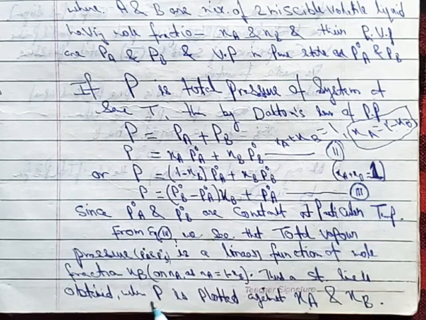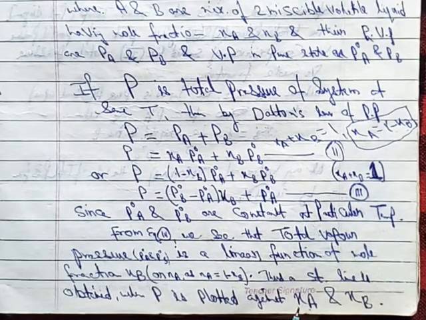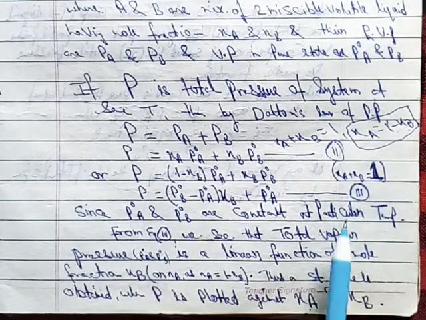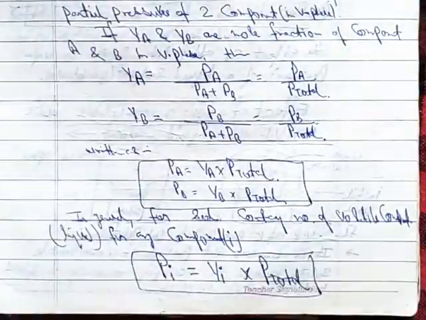Thus a straight line is obtained when pressure P is plotted against XA and XB. So if we plot the total vapor pressure against the mole fraction, we get a straight line. As P naught A and P naught B are constant at a particular temperature, the total vapor pressure will be a linear function of mole fraction, which you have to keep in mind.